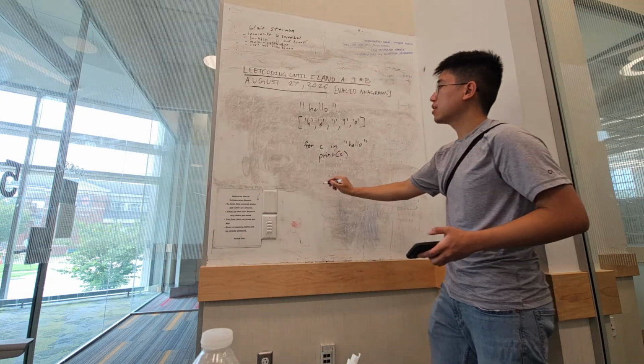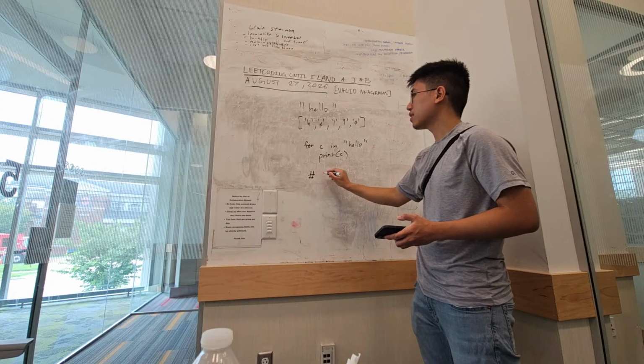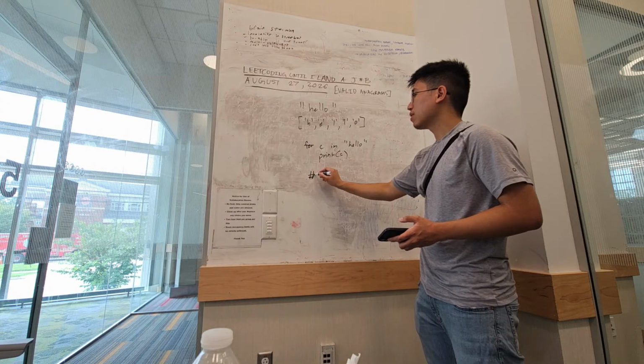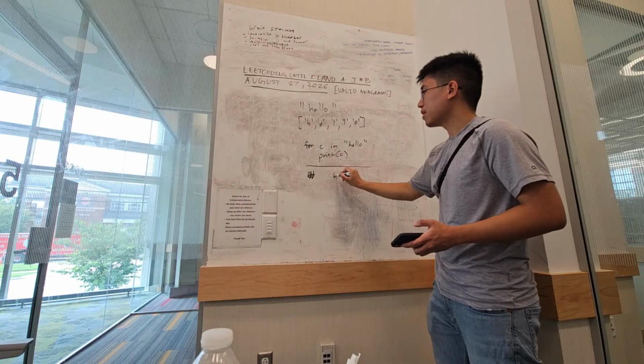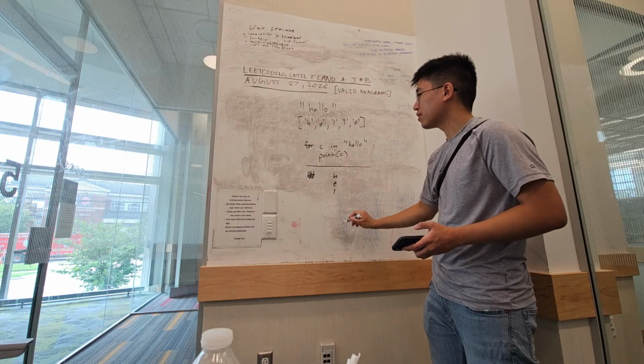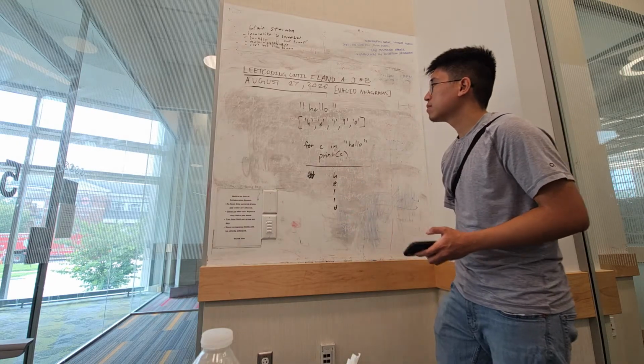So what this is going to do, no hashtags, the output for this is just going to be H, E, and then L, and then L, and then O. You know what I mean?